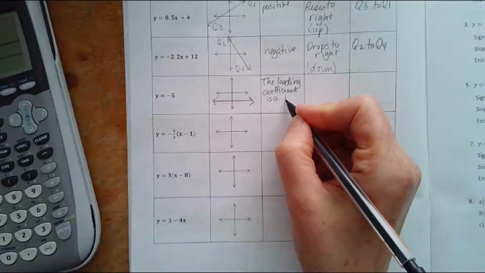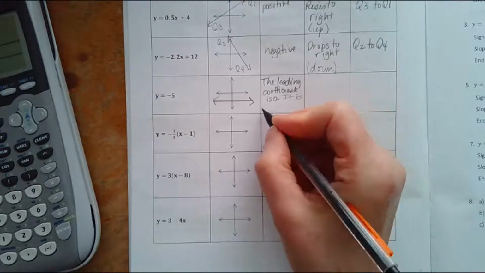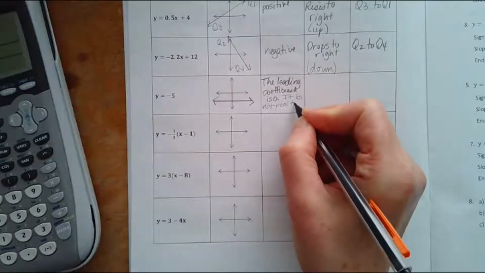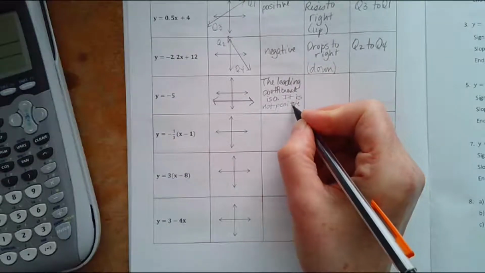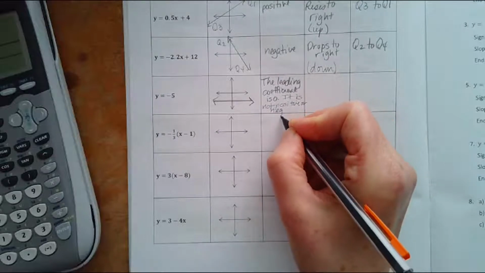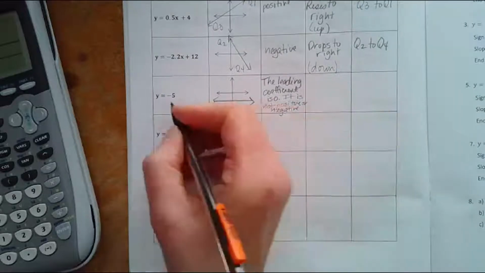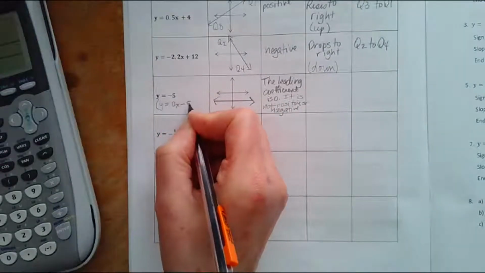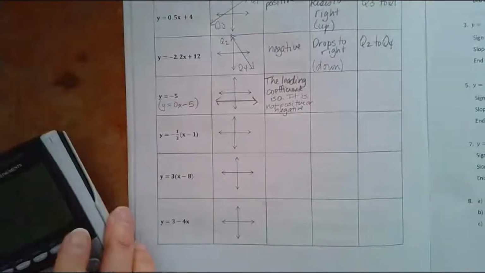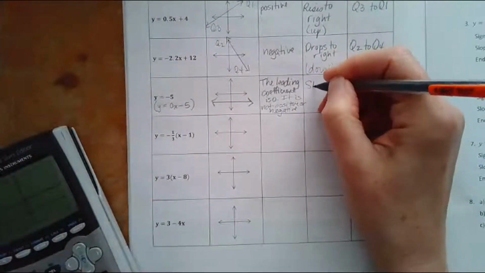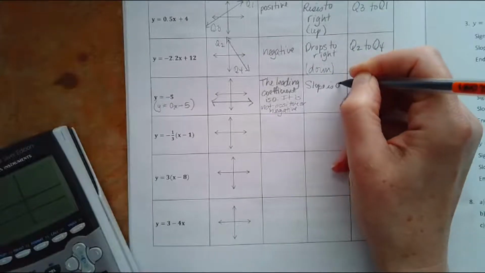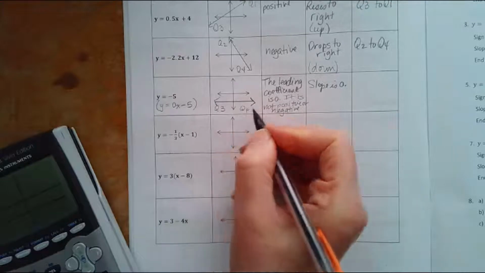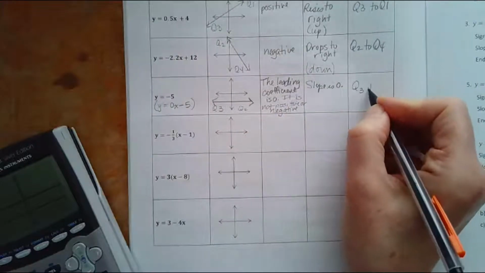It is not positive or negative. 0 doesn't have a sign, it's neutral. So remember, this is actually y equals 0x minus 5. Okay, slope direction, I'm just going to say slope is 0. End behavior, well, it does have an end behavior, right? Quadrant 3 to quadrant 4.